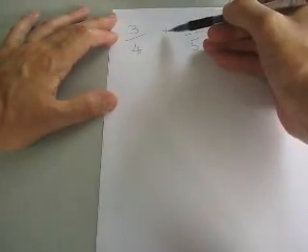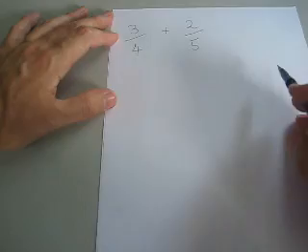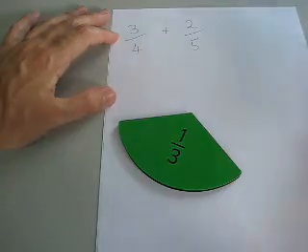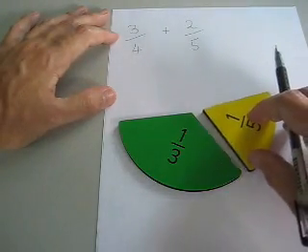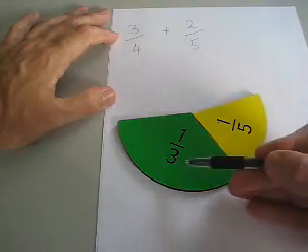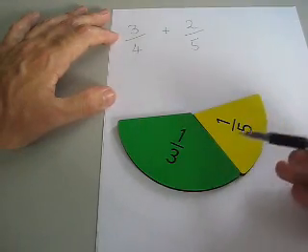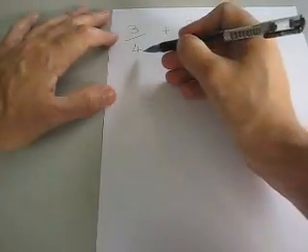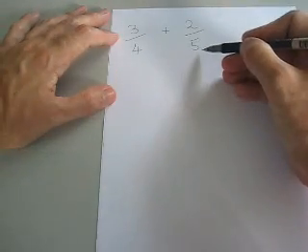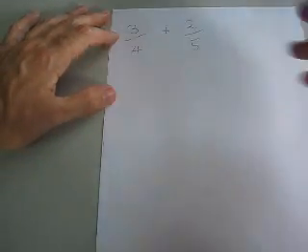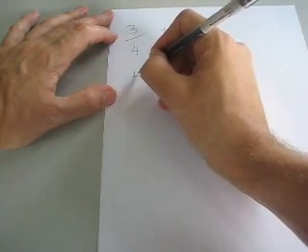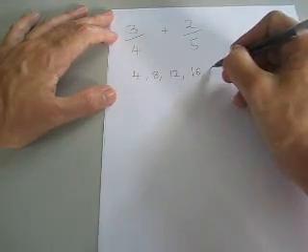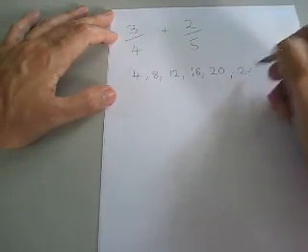Here's another example of adding fractions. I have 3/4 plus 2/5. First thing to notice, my denominator is not the same. Remember again, that means my piece sizes are not the same. I cannot add them if I don't have the same denominator, if they're not the same size pieces. So I have to find a common denominator, a number that both 4 and 5 will go into. Well, let me think about the 4 times table. 4, 8, 12, 16, 20, 24.